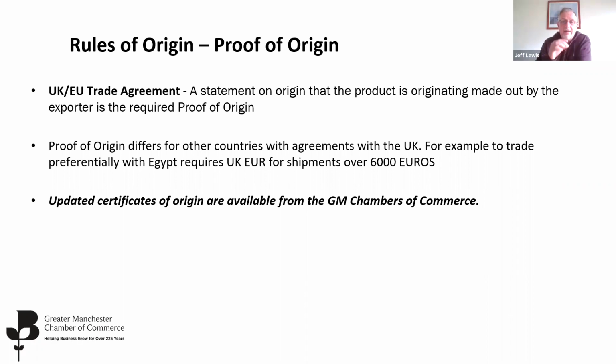So it's a statement that you put on the bottom of your invoices. For other trade agreements, such as the Egyptian one, if it's over 6,000 euros, you need a document. Okay, so you need to provide a document which you would get from your chambers of commerce. Next slide, please.